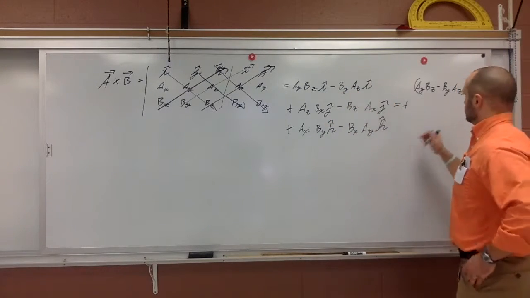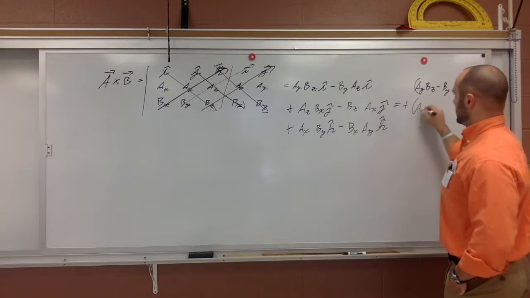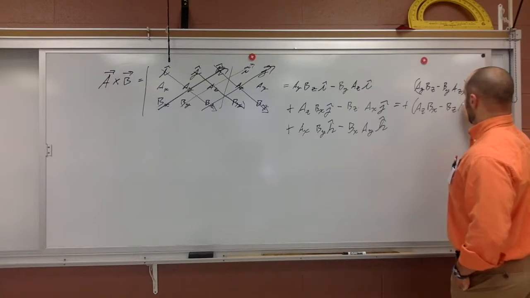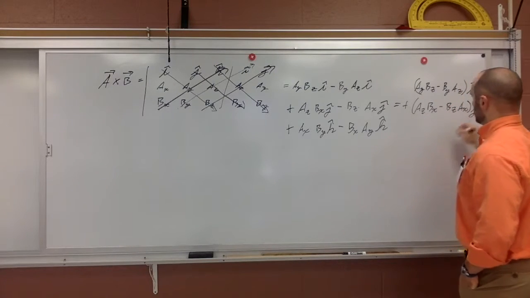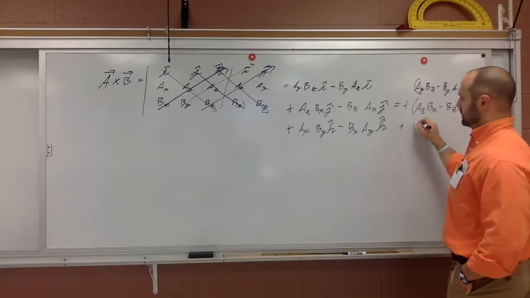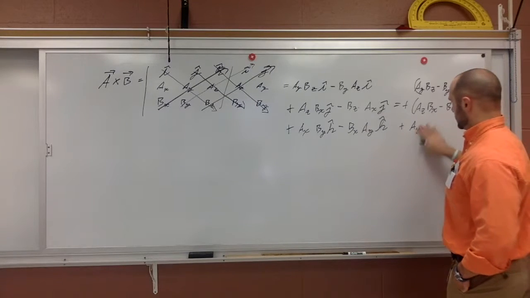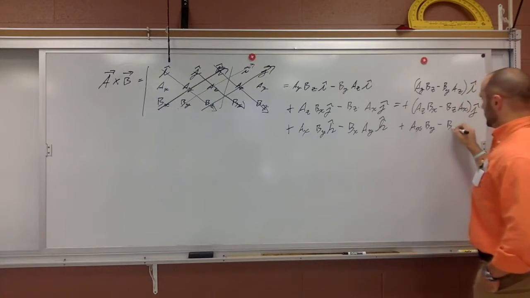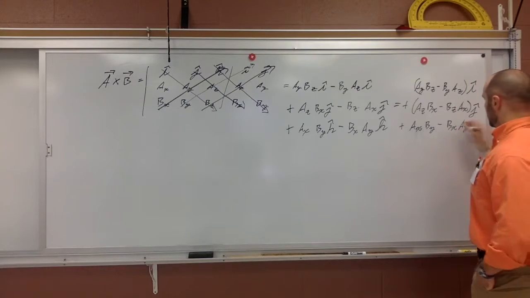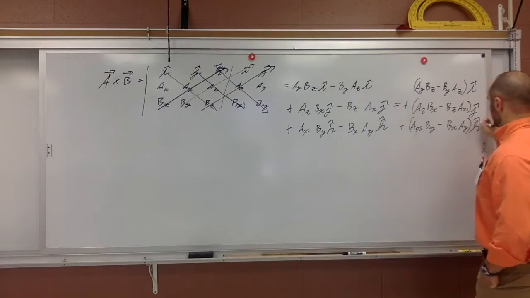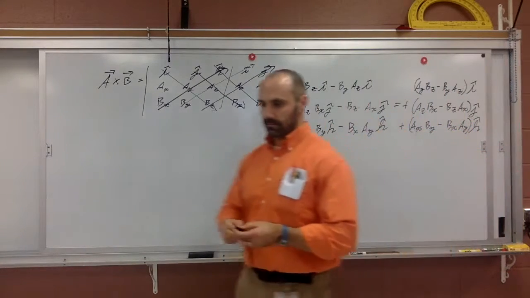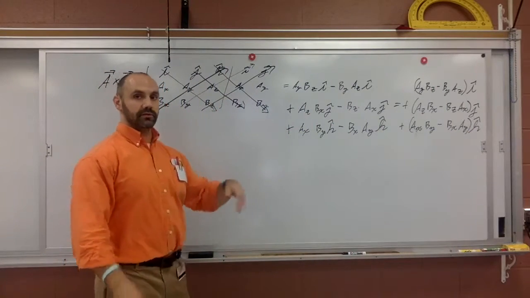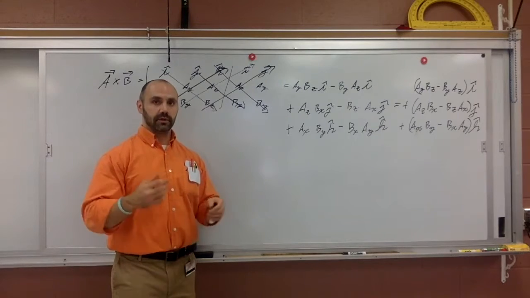I ran out of space. And then AZ BX minus BZ AX J plus AX BY minus BX AY times K. And this now is how you can find the cross product if you don't know the angle and you have everything in terms of unit vector notation.